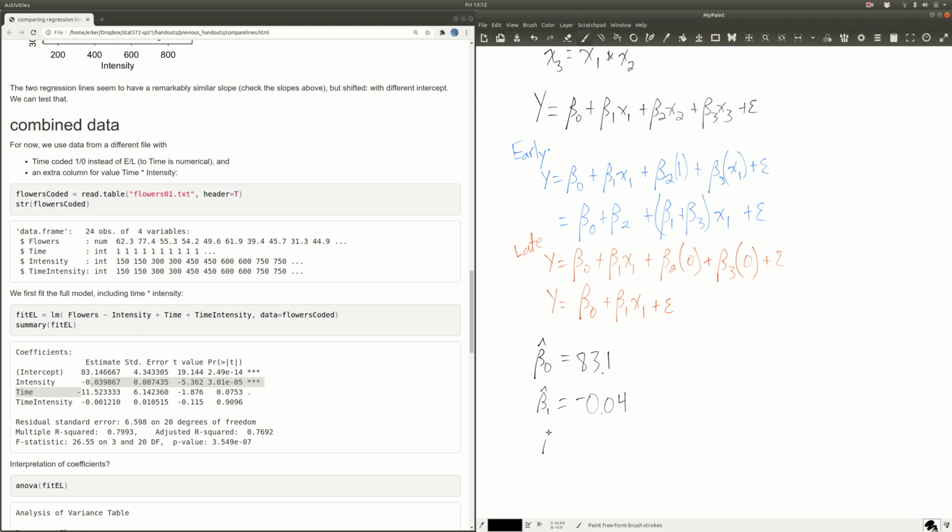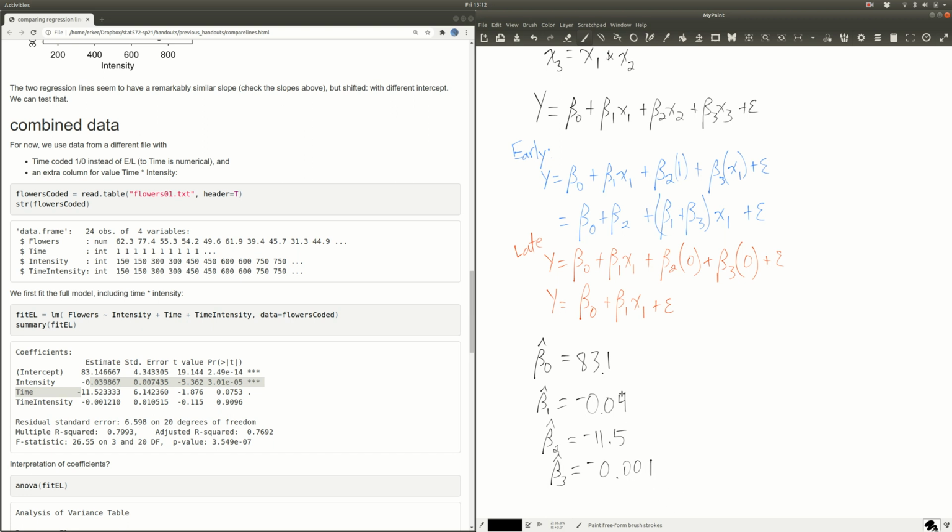And then let's do beta 2 hat. So that would be time. x2 was time. And that's negative 11.5. And then beta 3 hat is negative 0.001.